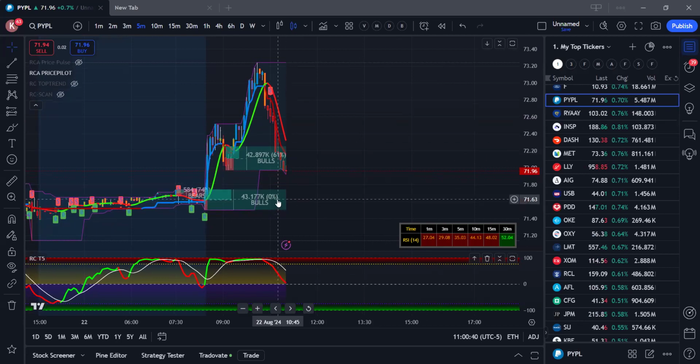If PayPal comes somewhere here, 71.6, that is a good time to go long again.